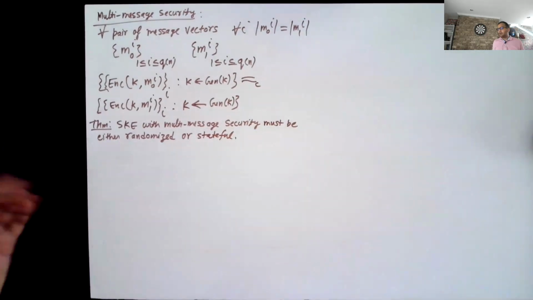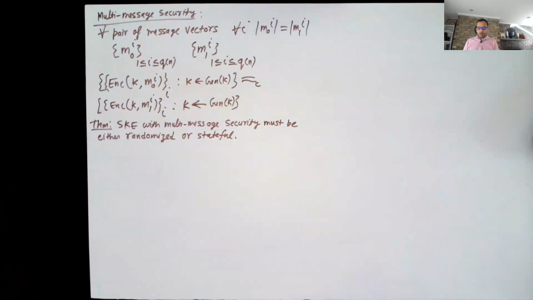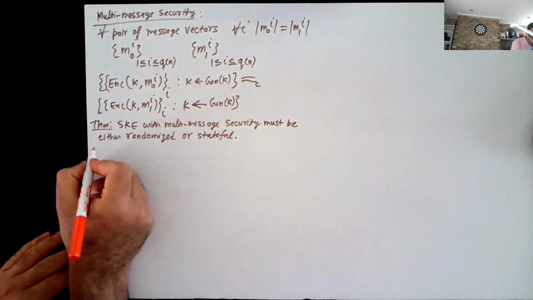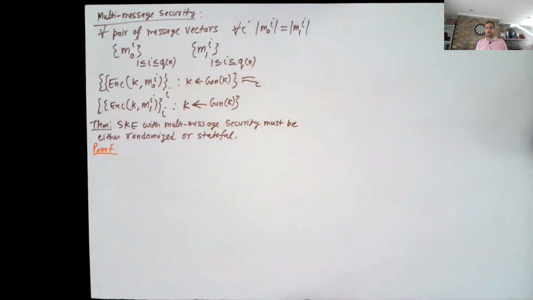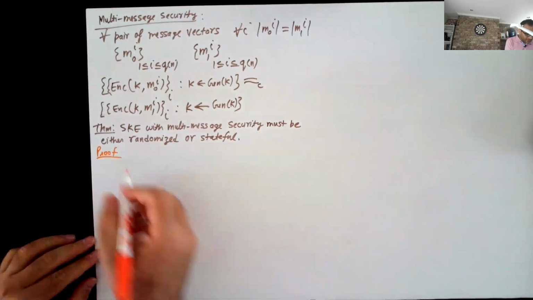Stateful we have already seen, by keeping a counter, how we can construct a multi-message encryption scheme. But we don't really want to go to stateful encryption schemes because of the problems which I talked about. So this theorem is saying that essentially we have to go to randomized encryption schemes.